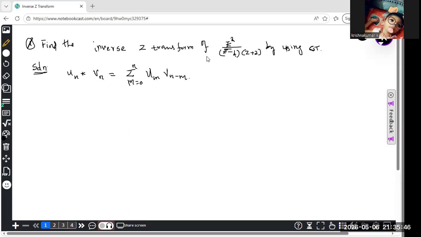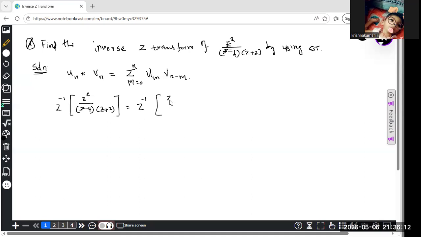First we try to write the given function as a product of two functions. The inverse transform of z square divided by z minus 4 into z plus 2 can be written as the inverse Z transform of a product of two functions.